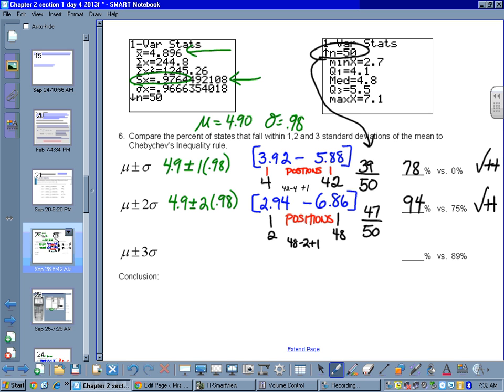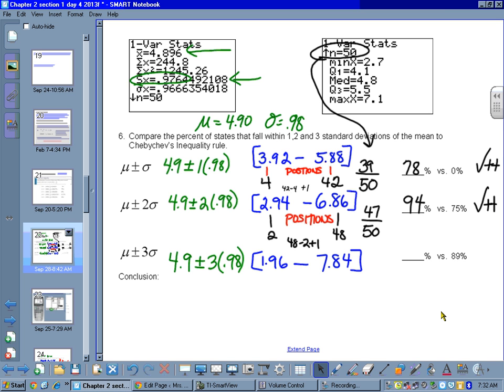And then finally, to test the third standard deviation, 4.9 plus or minus 3 times 0.98. The low bound there would be 4.9 minus 3 times 0.98, which is 1.96. And 4.9 plus 3 times 0.98 is 7.84.